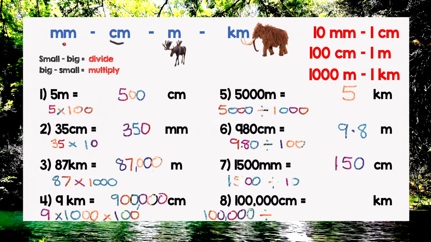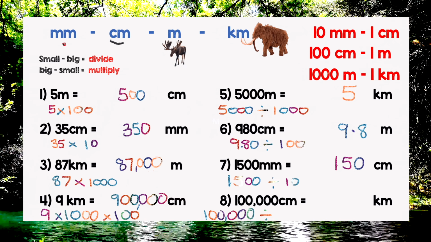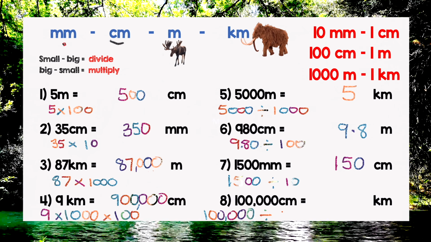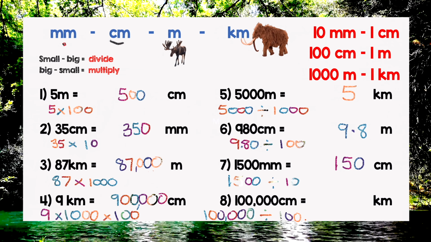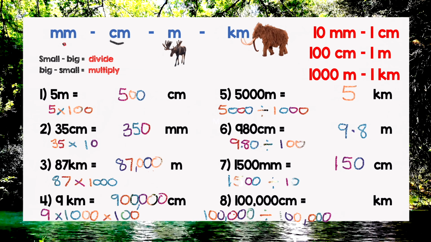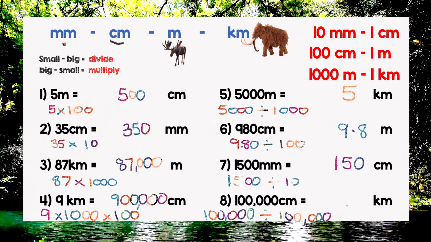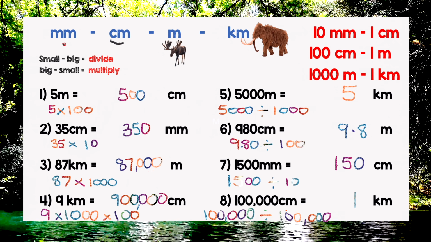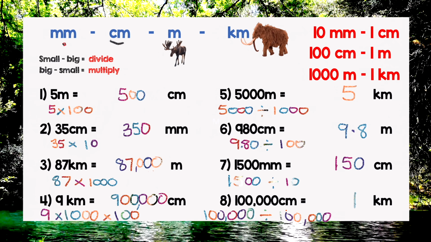So 100 times 1,000 will give you how many centimeters there are in 1 kilometer. 100 times 1,000 is 100,000. So we're dividing 100,000 by 100,000, which will give us 1 kilometer. So there are 100,000 centimeters in 1 kilometer.